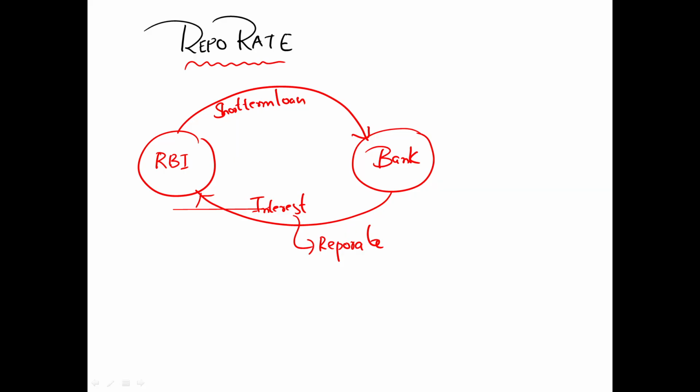So the difference between bank rate and repo rate is that bank rate is a long-term loan given by RBI to the commercial bank, whereas repo rate is a short-term loan given by RBI to the commercial bank. So we need to understand the concept perfectly. Against the loan given, RBI charges an interest rate that is known as repo rate, and currently the repo rate is 5.5%.